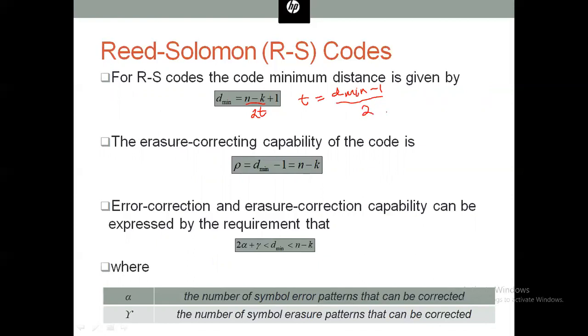So the erasure correction capability of the code is rho equal to d minus 1, and that is equal to n minus k.